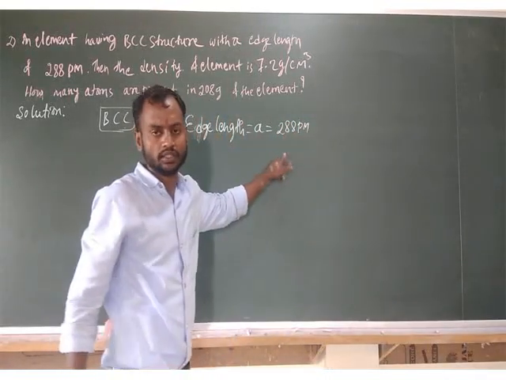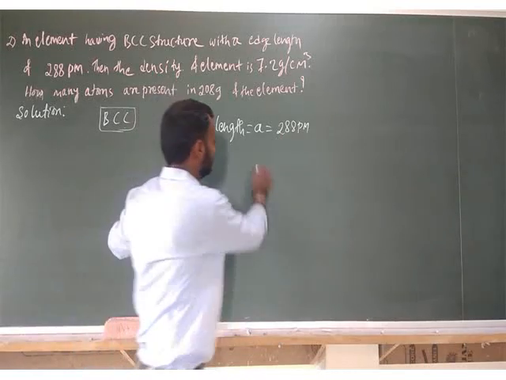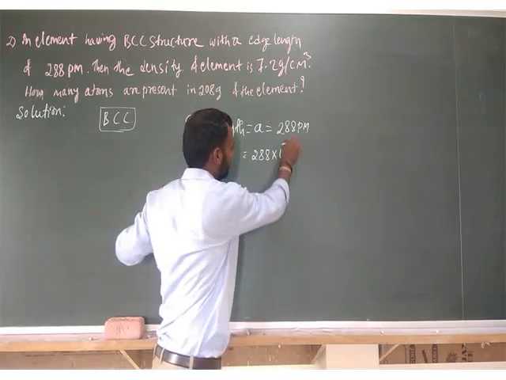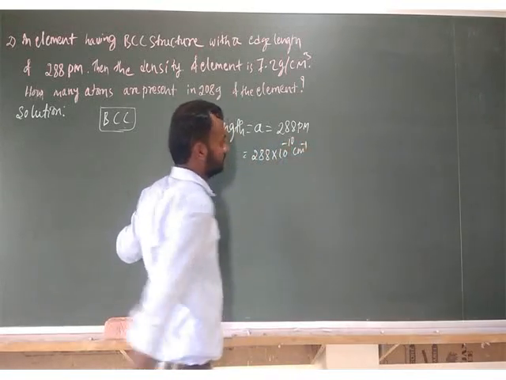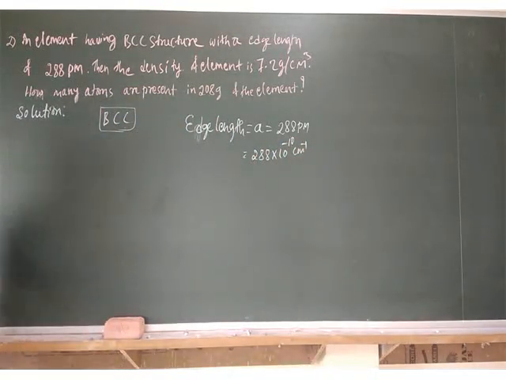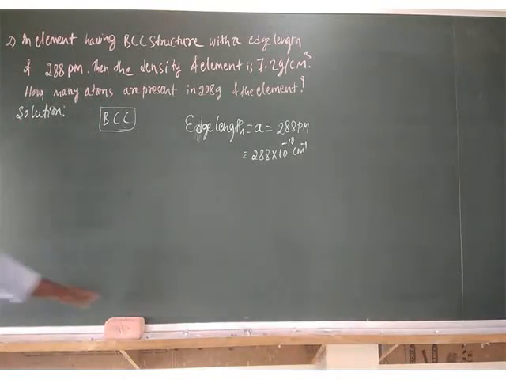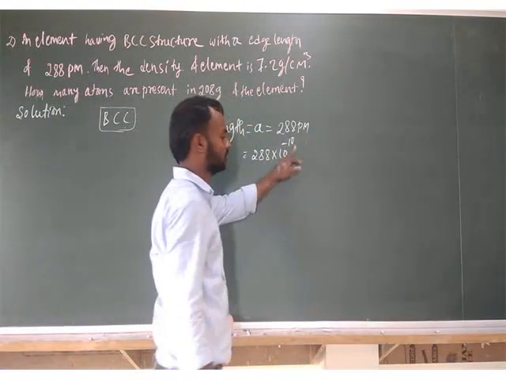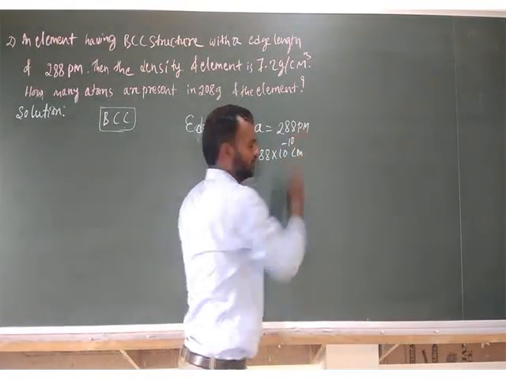This picometer is converted into centimeter: 288 into 10 raised to minus 10 centimeter.